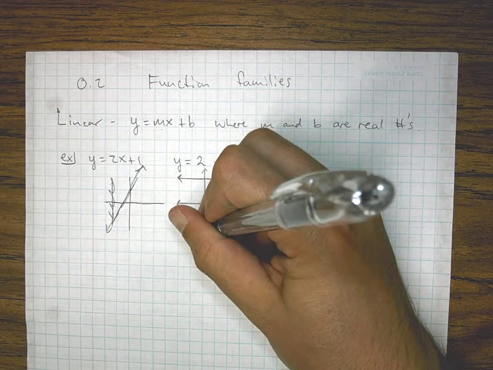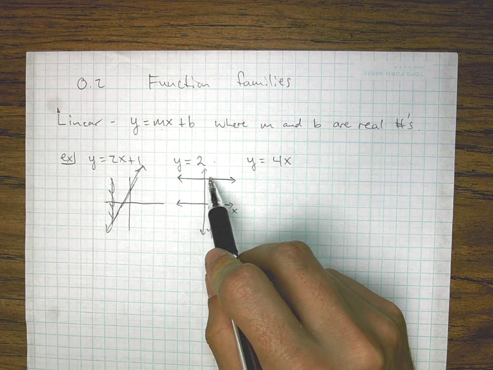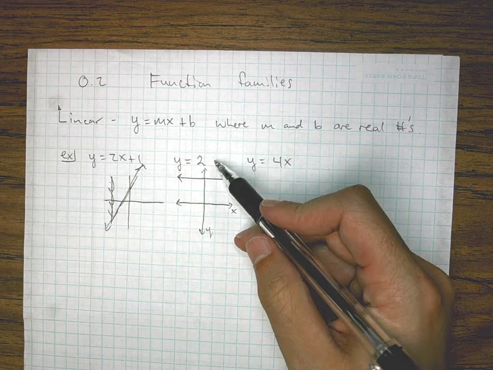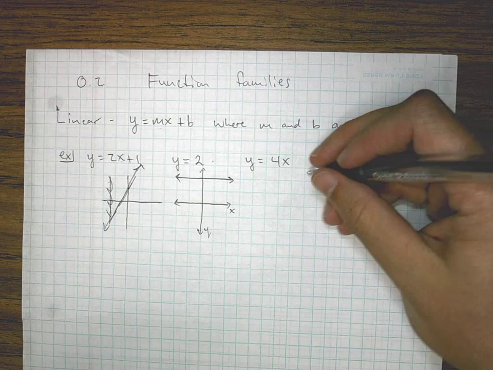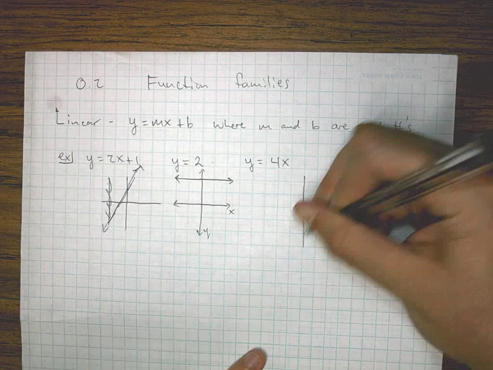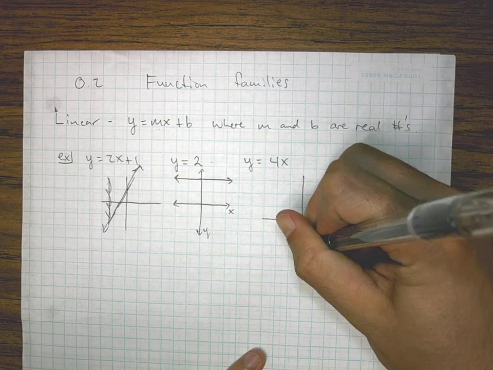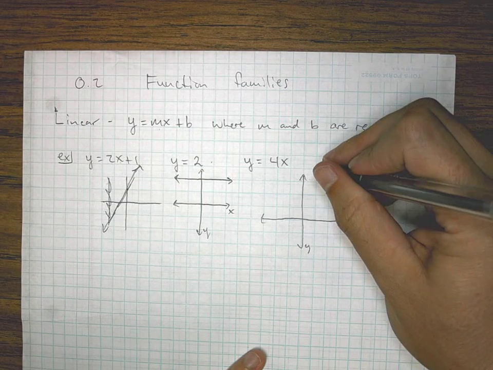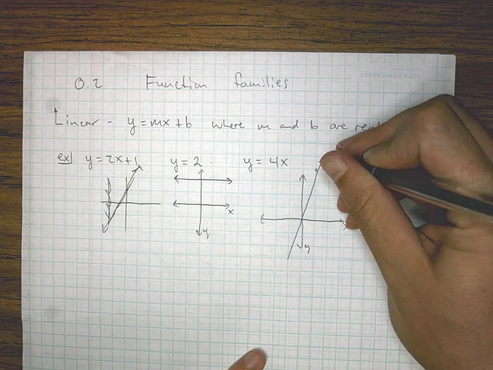There's the x-axis, there's the y-axis. This is always going to be 2 no matter what, because it doesn't matter what number you plug in for x, there is no x, it's always going to be 2. And then you've got a function like that. Here's the x-axis, here's our y-axis. And this one just gets pretty steep.